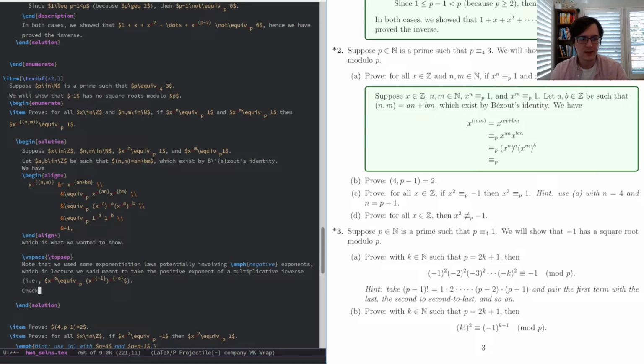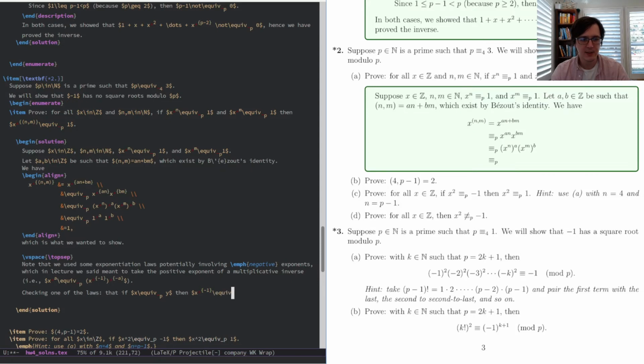So let's check one of them. So if x is congruent to y, then x inverse is equivalent to y inverse.